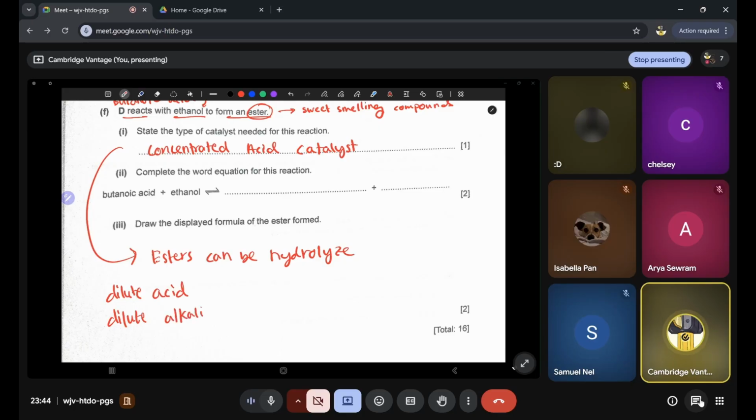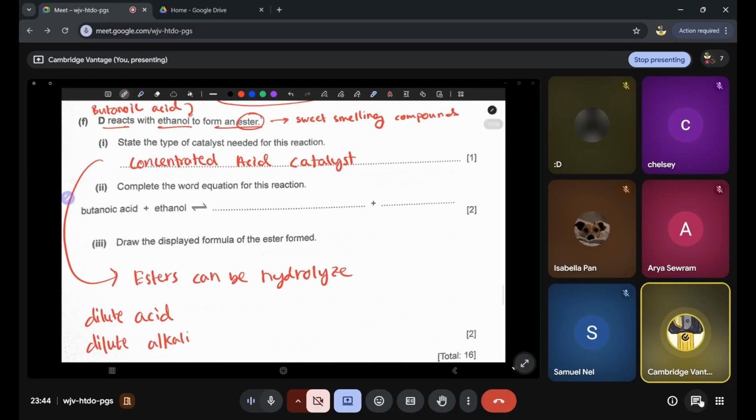So when you write an acid catalyst and you're not clarifying whether it's concentrated or dilute, it keeps an ambiguity about whether the ester is being hydrolyzed, or whether you're actually using the right acid. If it's not concentrated, then the ester wouldn't even form.